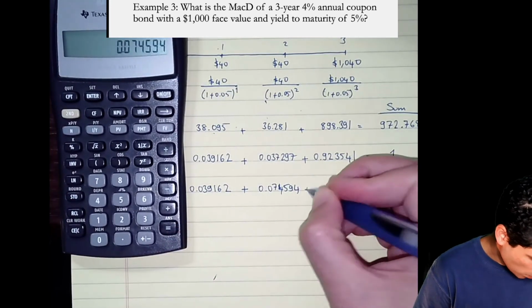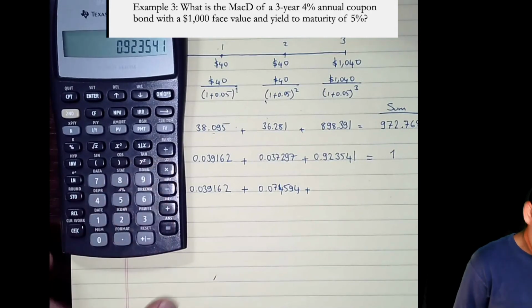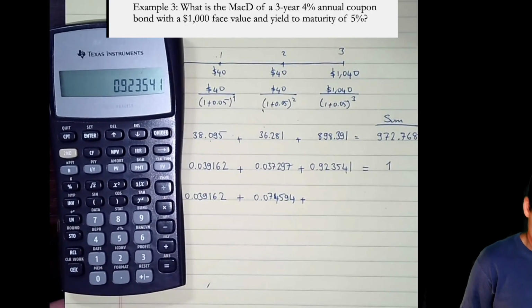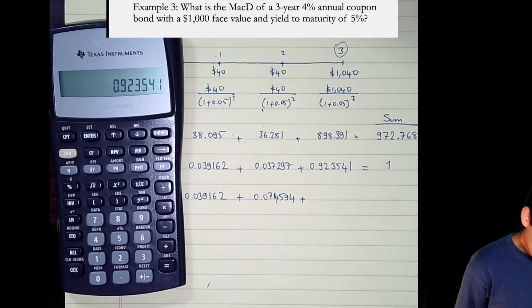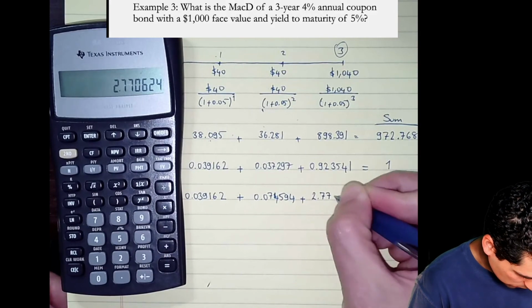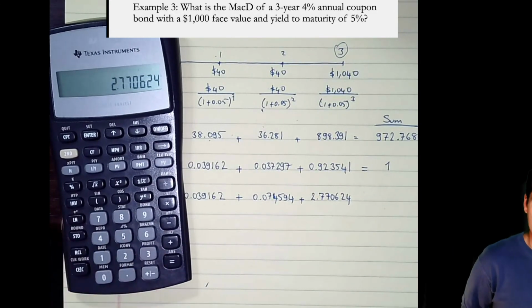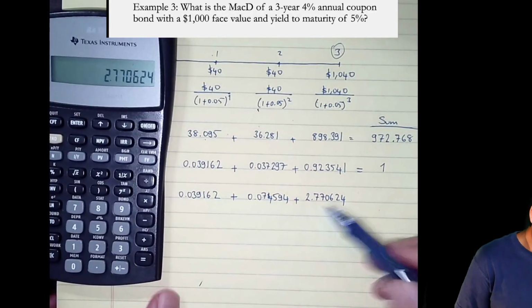And then the last one is recall 3, that was the weight, times this cash flow is in 3 years, it's coming from here, all right, times 3, 2.770624, and let me store that STO3. Okay, so I have these 3 numbers stored.